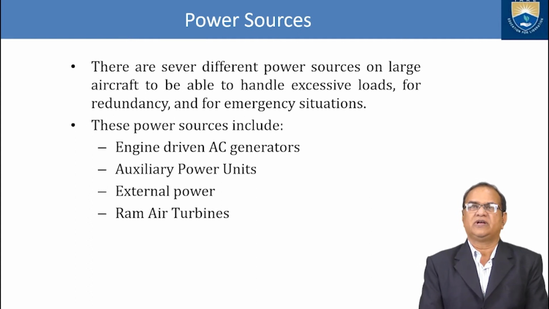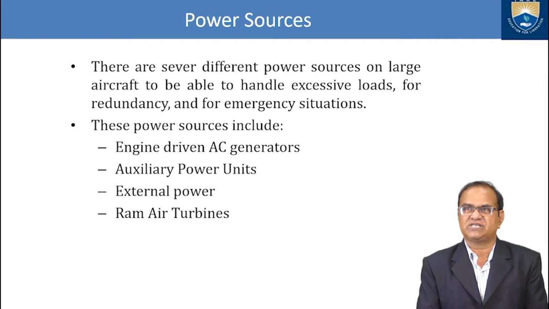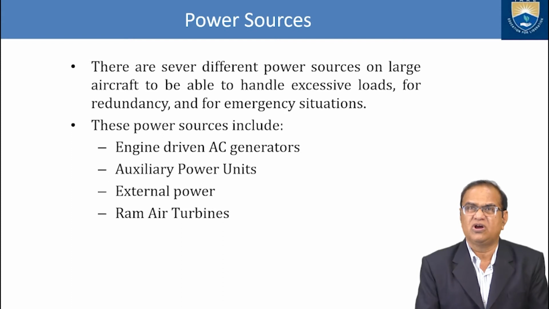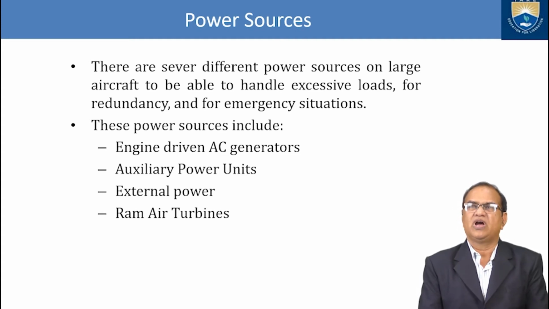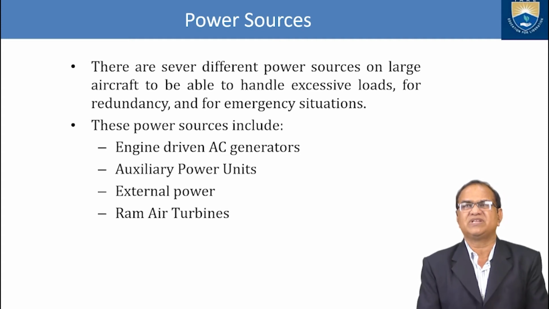So there are a number of different power sources on large aircraft like your passenger aircraft, Boeing and Airbus 320, to be able to handle excessive load. So they can handle the excessive load for redundancy and for emergency situations. Redundancy means failure resistance, and this can also be used for emergency situations.